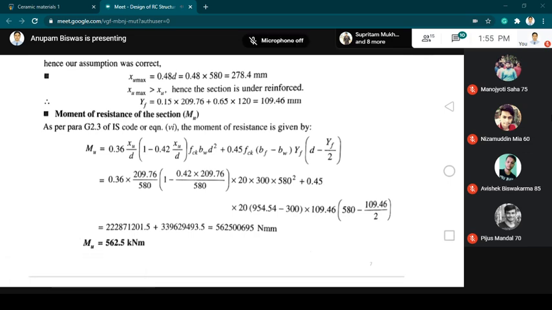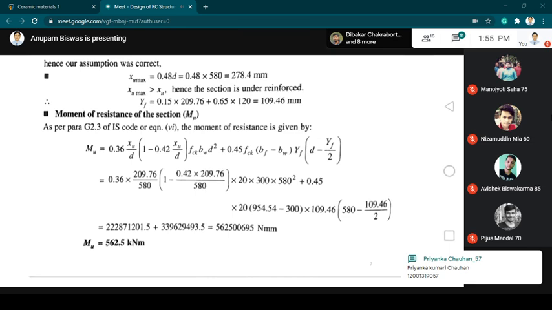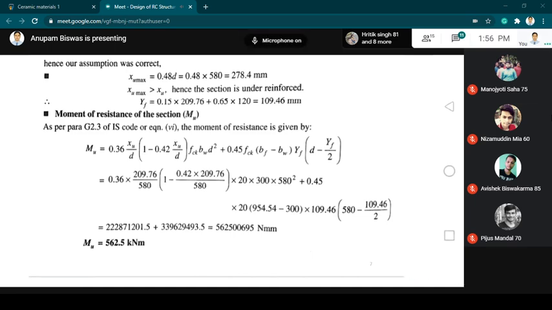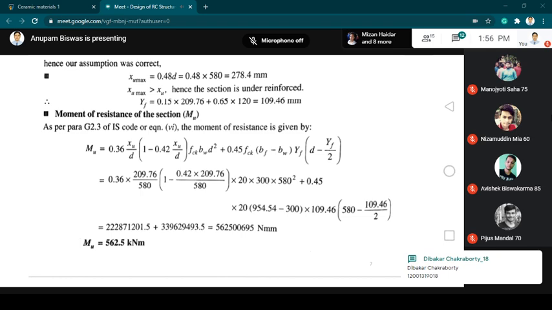The next step is to find out the moment of resistance. For this condition, the value of Mu is to be obtained from equation 6 as discussed in the previous class. That is, Mu is 0.36 fck bw into xu, multiplied by d minus 0.42 xu, and it is also a factor of yf, so plus 0.45 fck yf into bf minus bw, multiplied by d minus yf by 2.